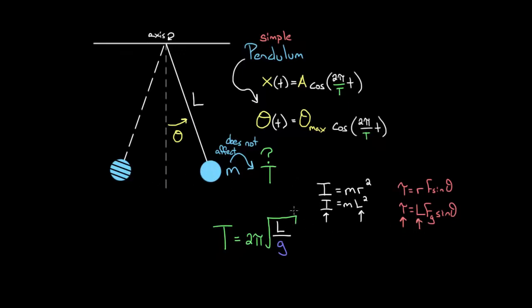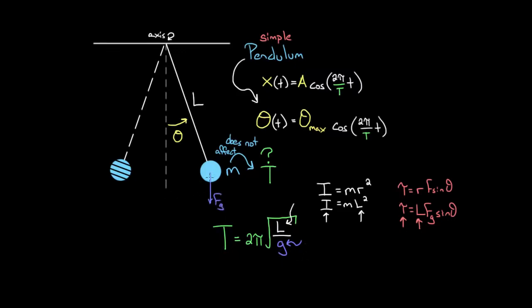All right, so that's why increasing the length increases the period. But why does increasing g, the gravitational acceleration, decrease the period? Well, think about it. If I increase the gravitational acceleration, so I take this pendulum to some planet that's extremely dense or massive, and it's pulling down with a huge force of gravity. So bigger g means a bigger force of gravity pulling downward on this mass. That gives me a larger restoring force.